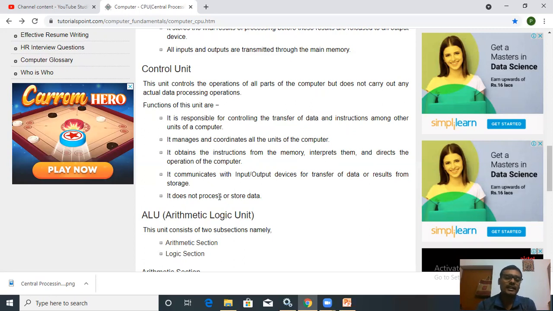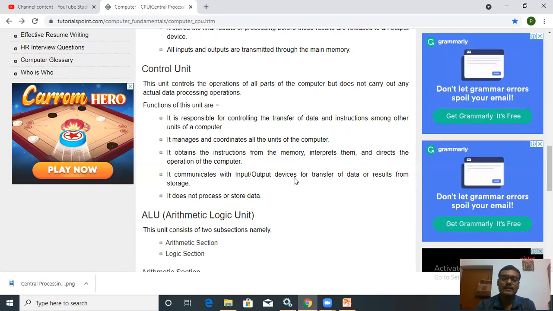Fourth, it communicates with input-output devices for transfer of data or results from a storage device. Last point, it does not process or store data. It is only responsible for controlling the transfer of data.